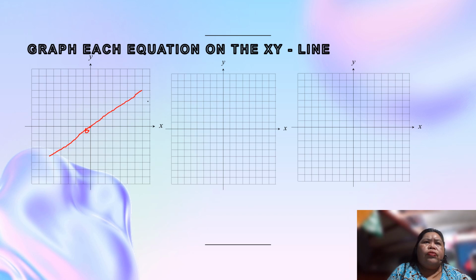If we are going to take the slope of this line, we have a point here, and we can also have a point here. Okay, so this is for y is equal to x.